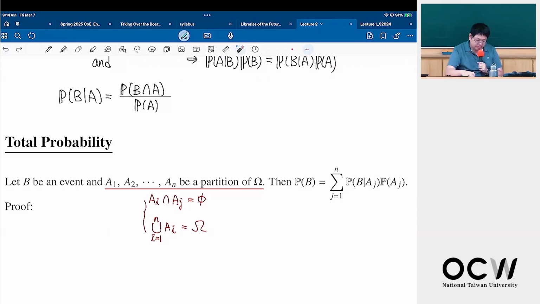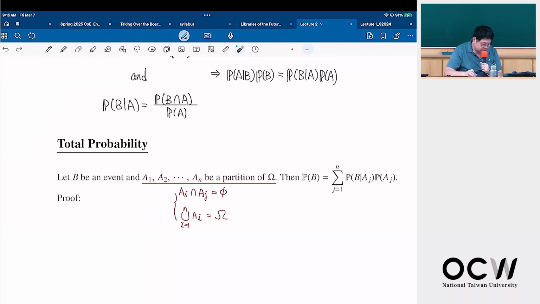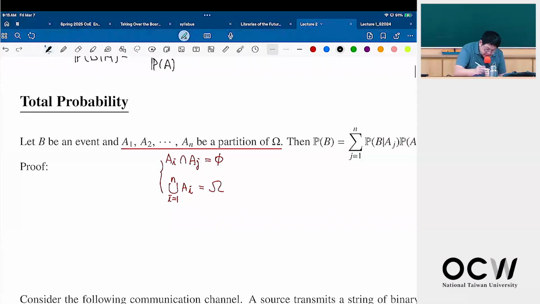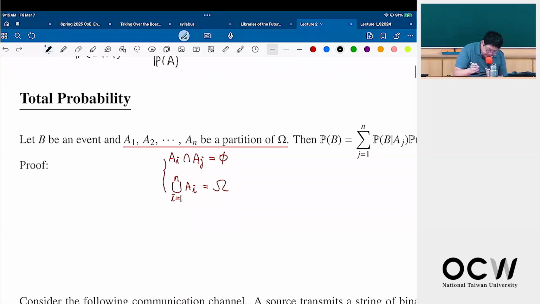So if it is a partition, then what is the probability of B? The probability of B will be the conditional probability of B given one event AJ times the corresponding probability of AJ, and then I sum them together. Let's quickly prove this.